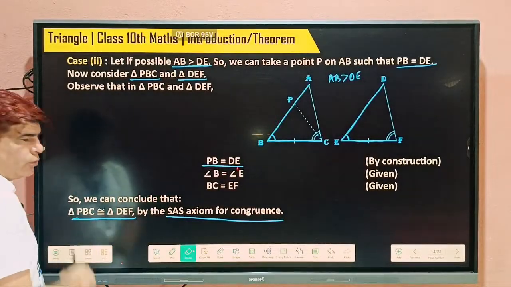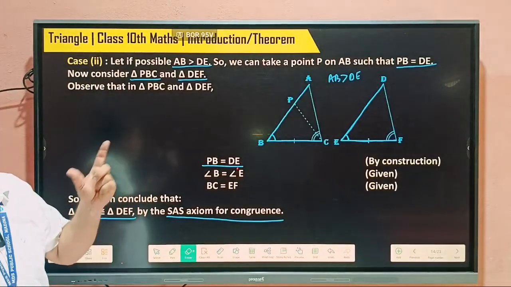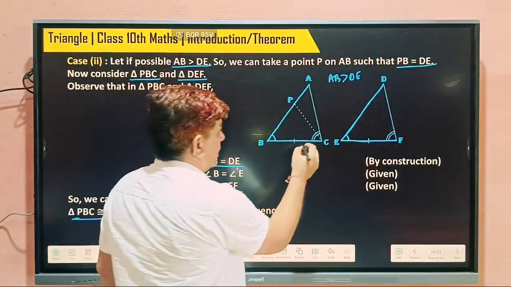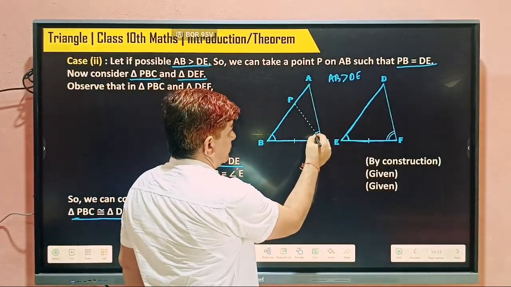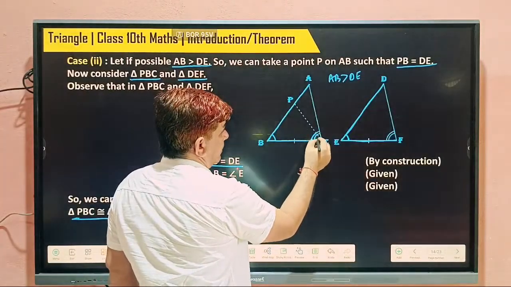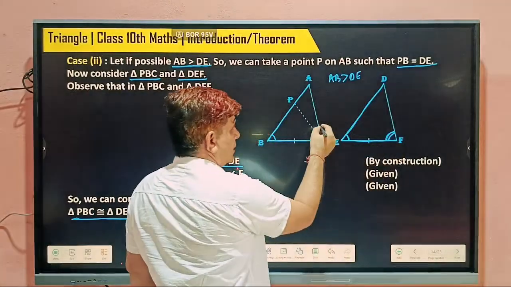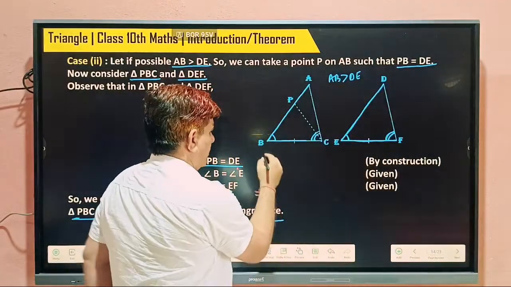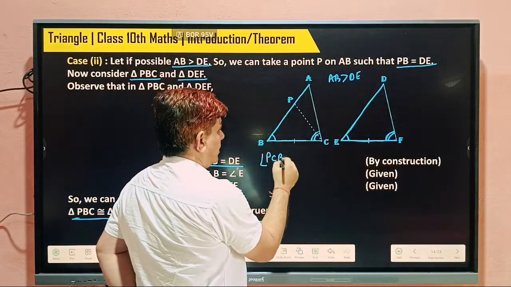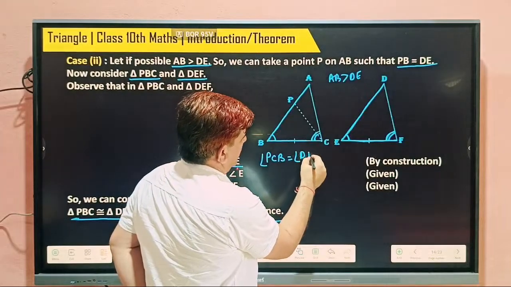And congruent means, you know, all the 6 elements of one triangle are equal to all the 6 elements of another triangle. So then we can say this angle, which angle? This angle is equal to this angle. It means angle PCB equal to angle DFE.